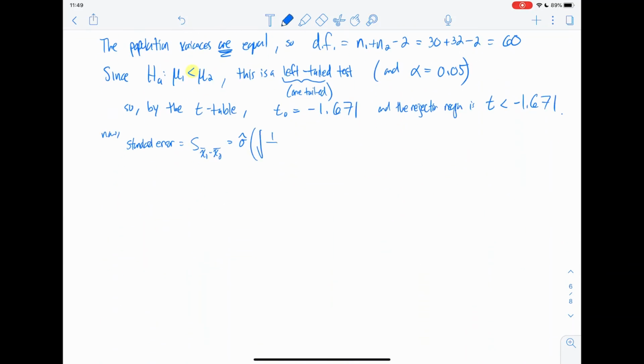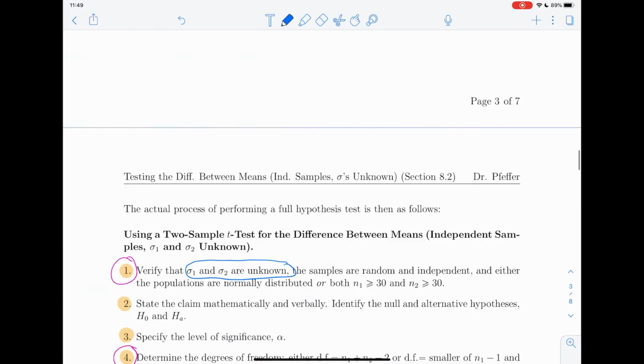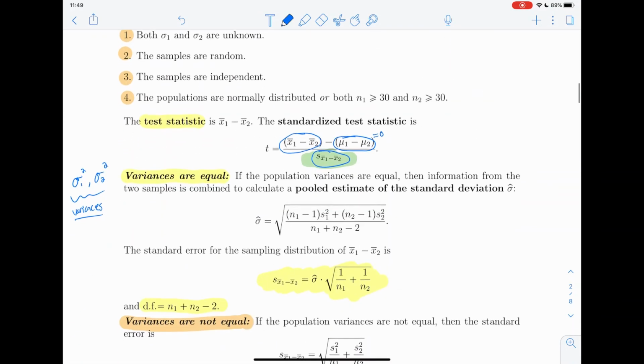So it's the square root of 1 over n1 plus 1 over n2. But sigma hat itself has a formula. Again, we'll import that. That's this formula right here.